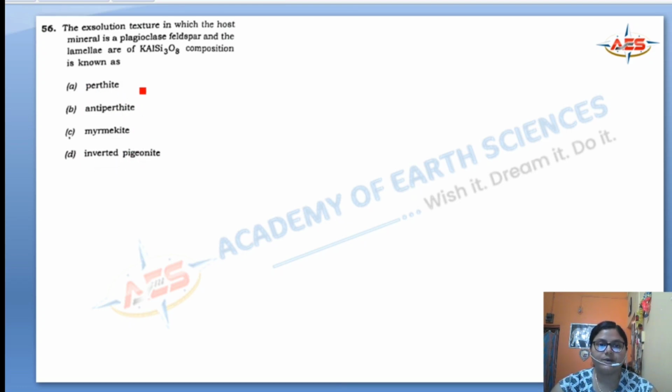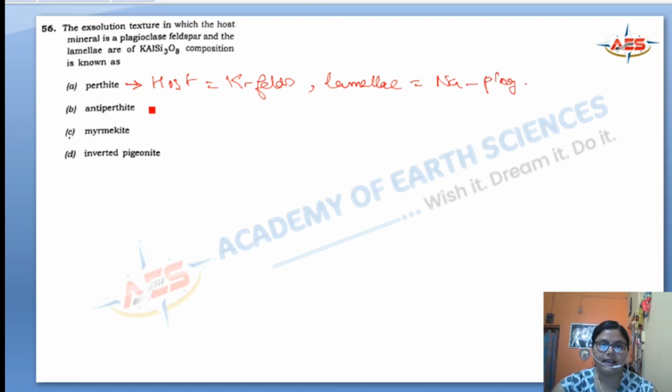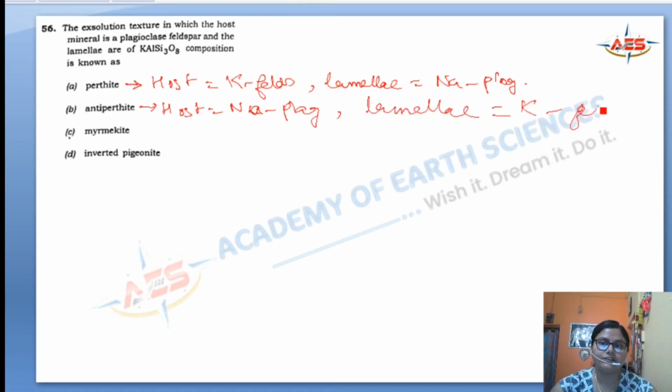Now, in the case of perthite texture, generally the host is rich in K feldspar and the lamellae are rich in Na plagioclase, sodic plagioclase. Antiperthite, the host is rich in sodic plagioclase, and the lamellae are rich in K feldspar.